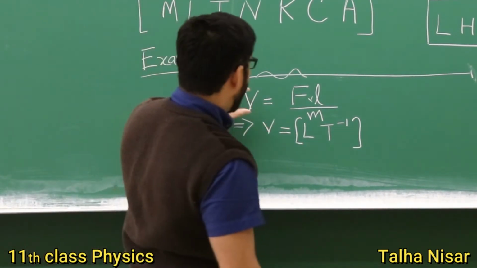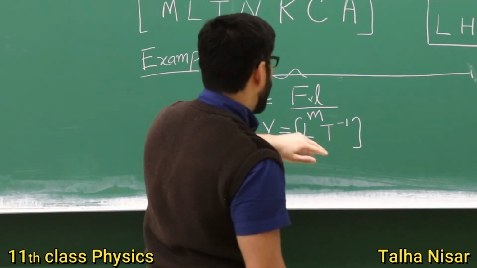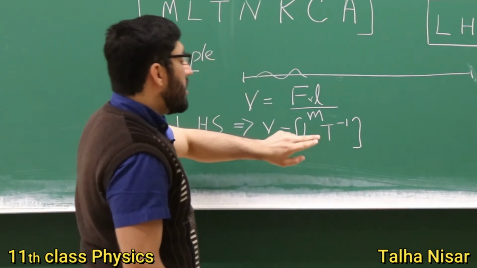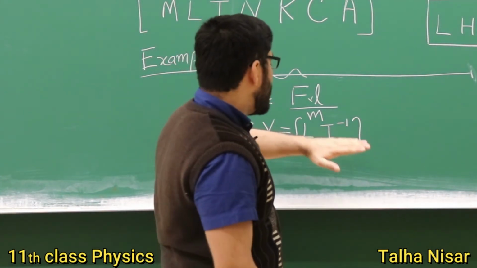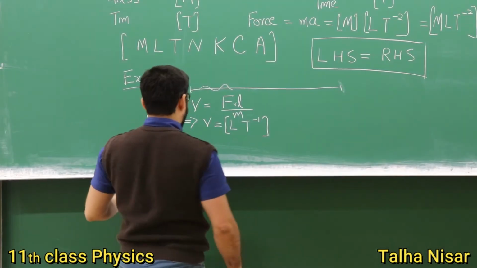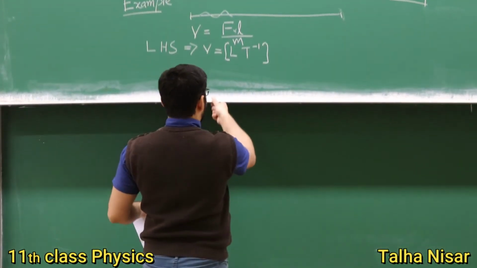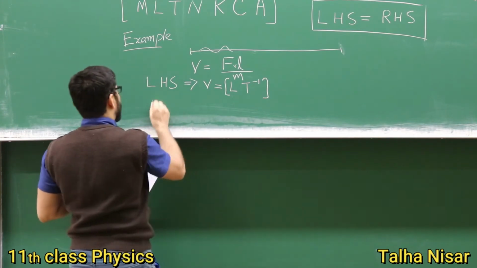Now, the left hand side must be equal to the right hand side. So the right hand side must have the final dimensions, which is equal to the velocity. So we will just write the right hand side.